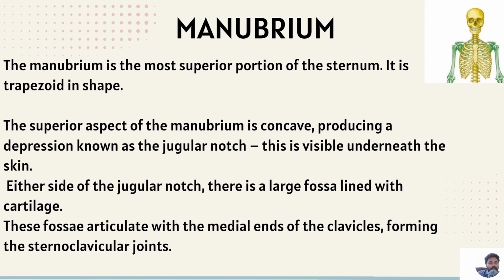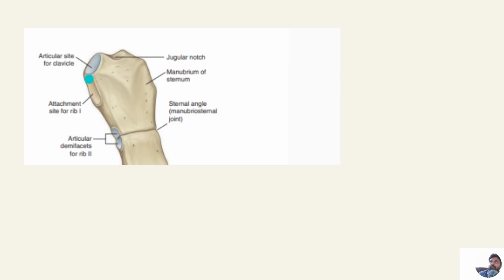On either side of the jugular notch, there is a large fossa lined with cartilage. These fossae articulate with the medial ends of the clavicles, forming the sternoclavicular joints. You can see this is the articular site for the clavicle, and here the clavicle is attached to the manubrium of the sternum.